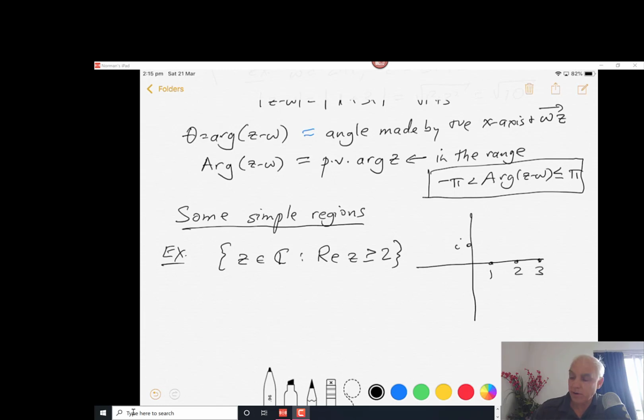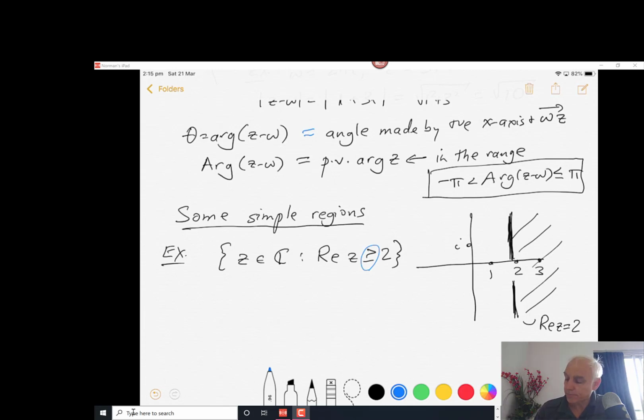The real part is really like the x-coordinate, so we're talking about all those points whose x-coordinate is bigger than or equal to 2. That's going to be a half plane, and it's going to look like this. Note that the boundary I've drawn, this vertical line, is the line where the real part of z equals 2, and it is included in this region because here we have greater than or equal to.